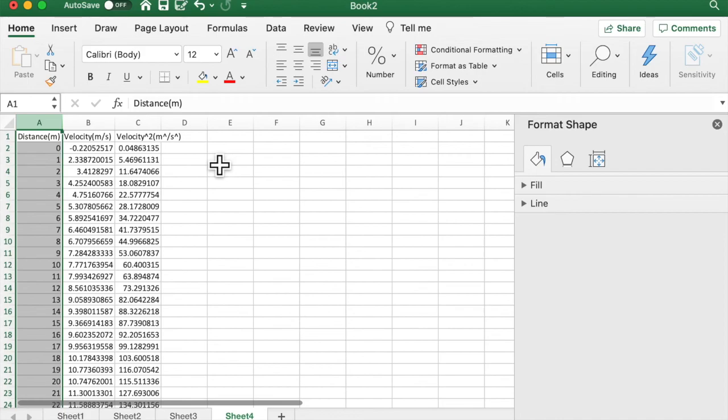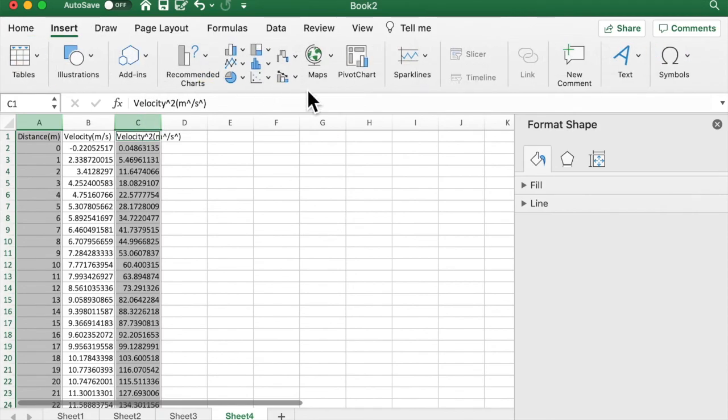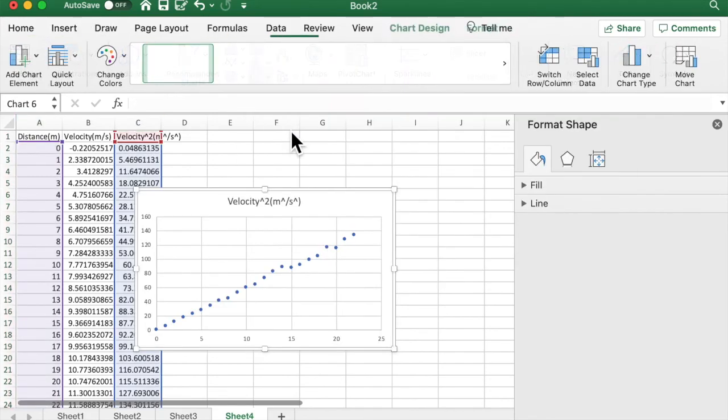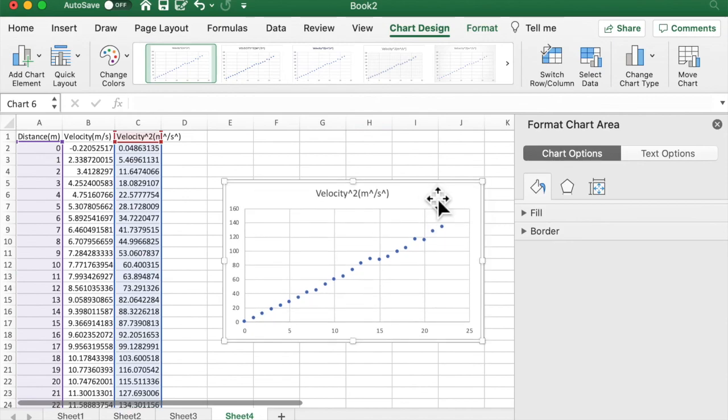So now I'm going to select my A column and my C column and go insert chart. And now that definitely looks like this beautiful straight line linear relationship. So in order to do that with that sideways opening parabola, I needed to square velocity. From here, I can go in, label my axes, and so forth.